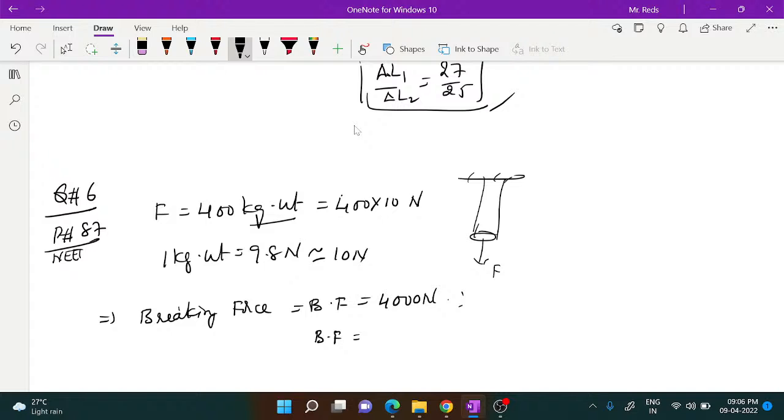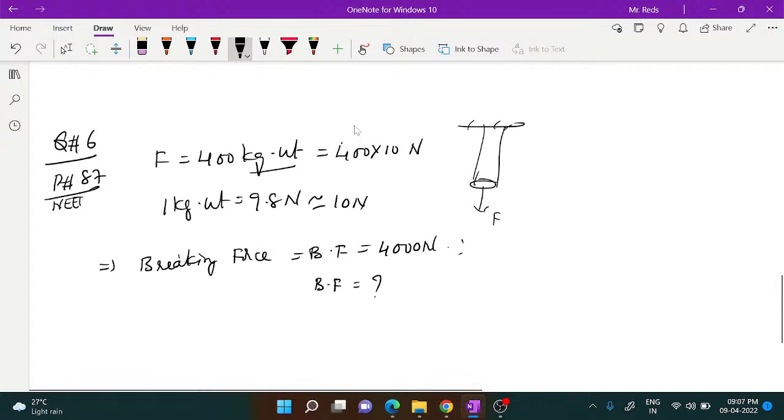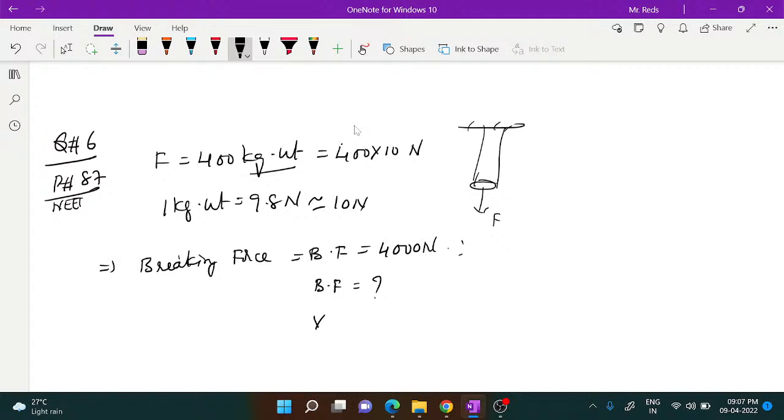The wire is of the same material, so Young's modulus will be the same. Y1 will be equal to Y2. This is the first case. What is the breaking force in the second case? You want it in kg weight units, so at the end you can convert it to kg weight. No problem.